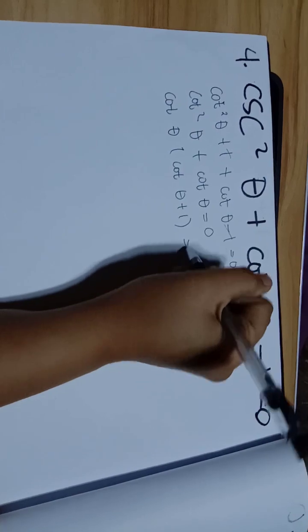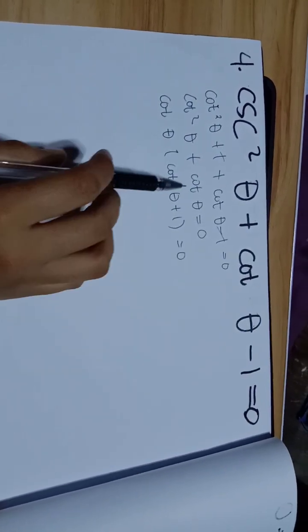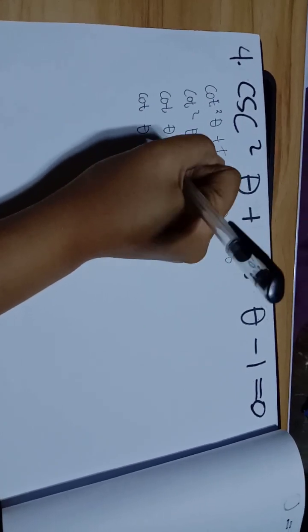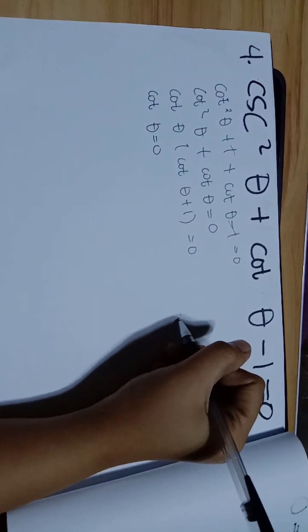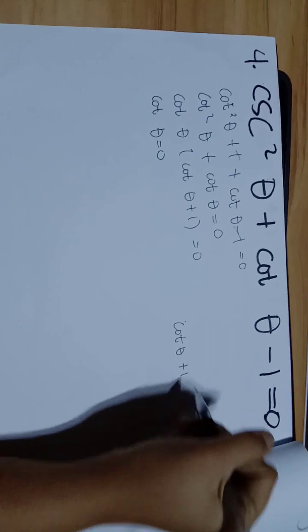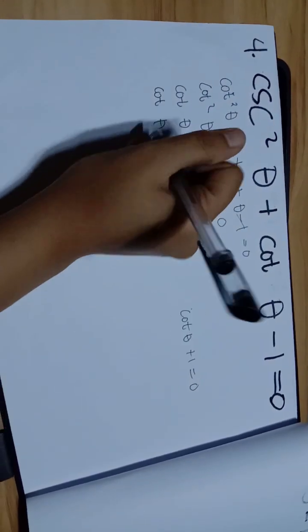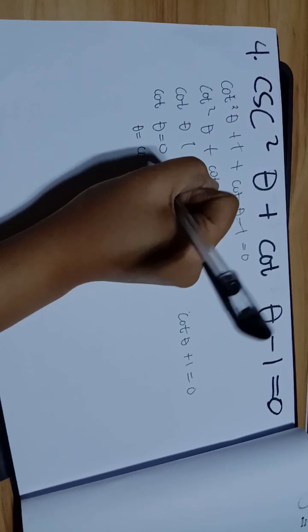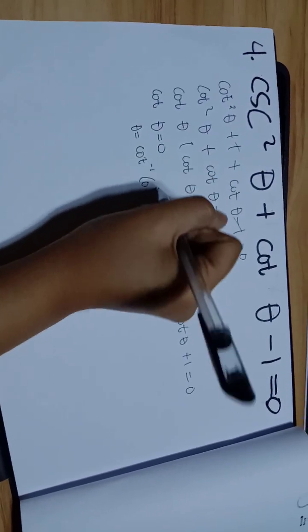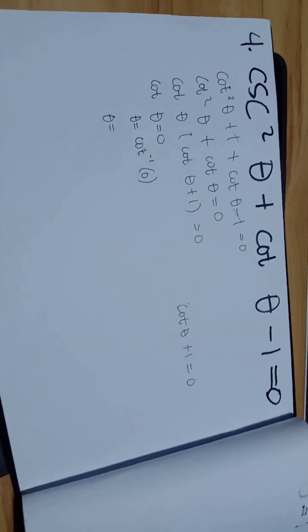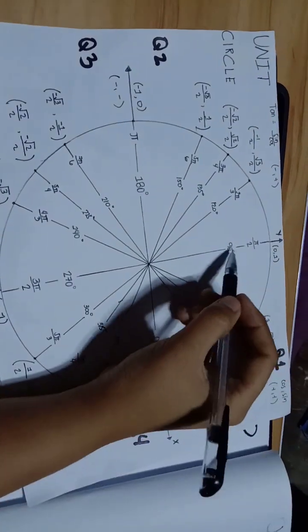Now, cotangent theta, quantity cotangent theta plus 1 equals 0. Equating each factor to 0, we have cotangent theta equals 0, and the other one is cotangent theta plus 1 equals 0. Let's solve this one first. Theta is equal to arc cotangent of 0. So, the value of our theta, let's take a look at the unit circle.